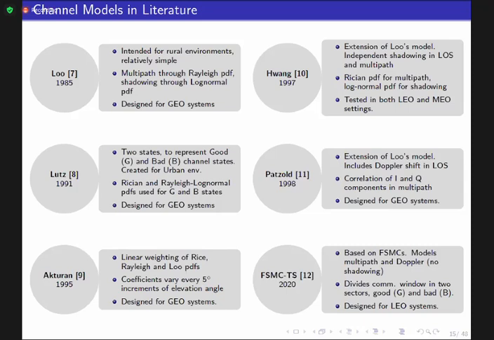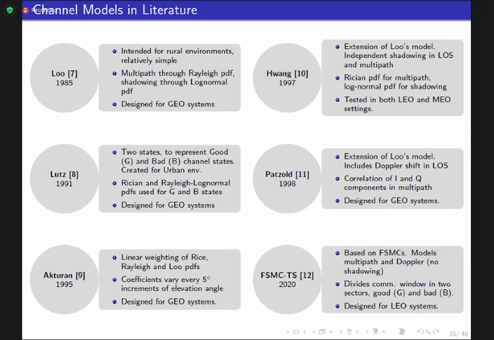So what you get is a different set of components at 5-degree increments of the elevation angle. And since in LEO orbits you can sort of predict the trajectory that a satellite will follow, you can usually write the angle as an expression of time, right? So this channel model has the inherent property of being dynamic, right? Right out of the box. So this is a big advantage with respect to the 2 previous models.